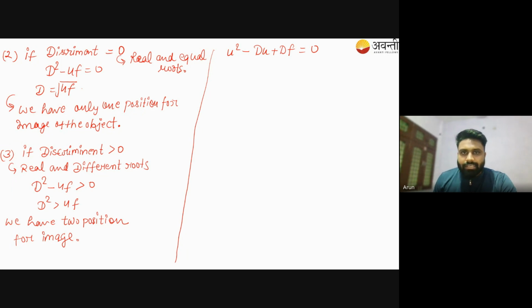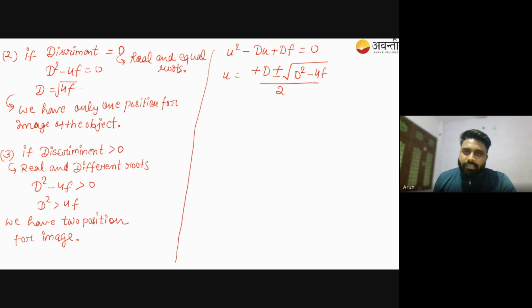According to Sridharacharya's formula, u is equal to minus b, which means minus into minus D, that is plus D, plus minus square root of b square minus 4ac, which is D square minus 4f, divided by 2a.